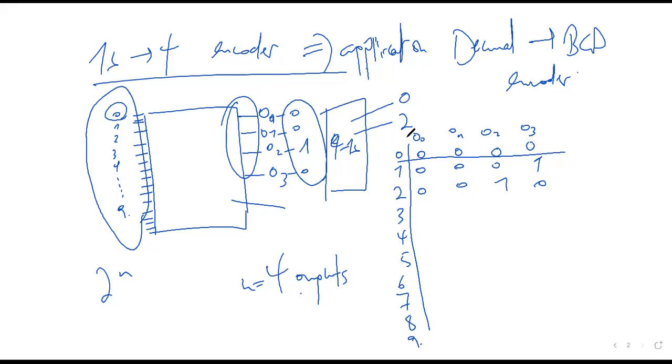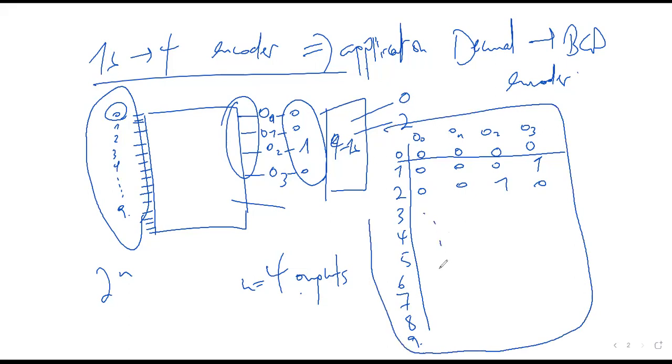So if I am to draw a logic diagram for this, the truth table, I continue doing the same in BCD. So 3 is 0, 0, 1, 1. And I continue until I reach 9.